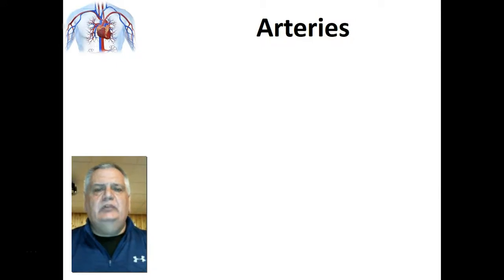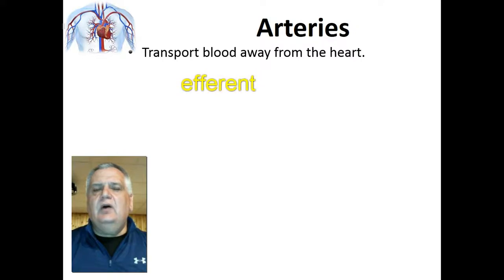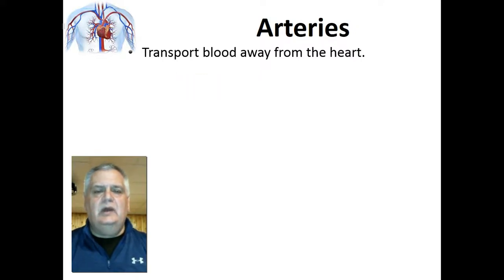All right, with that said, now let's take a look at the anatomy of the system. We're going to begin our look at the anatomy of the cardiovascular system by discussing the arteries. Okay, remember, arteries are, what do we say? They are efferent. They transport blood away from the heart, so they allow the blood to exit the heart.